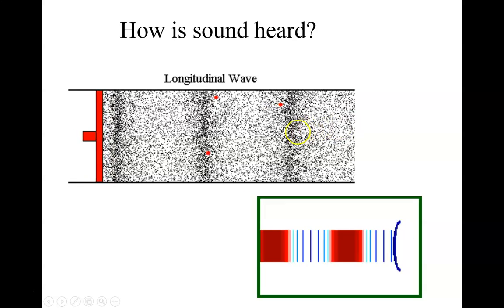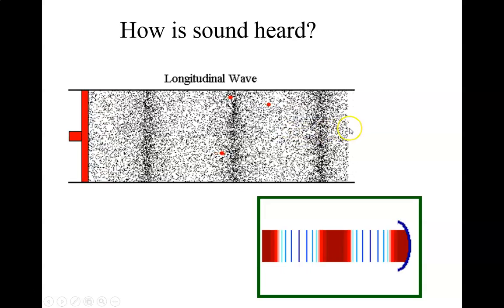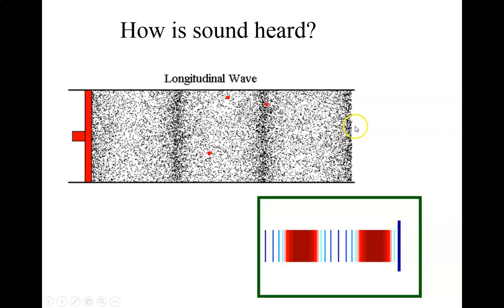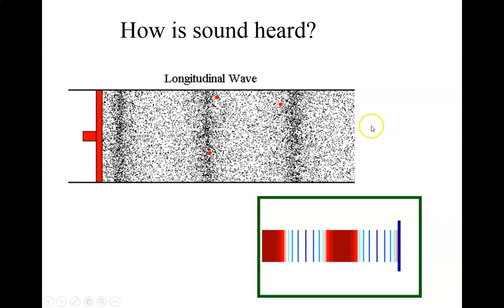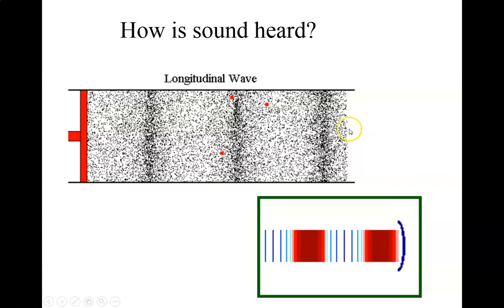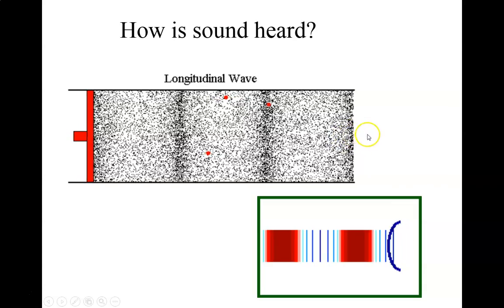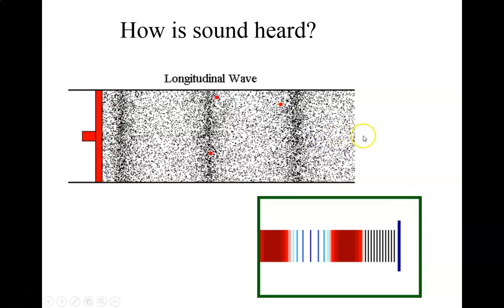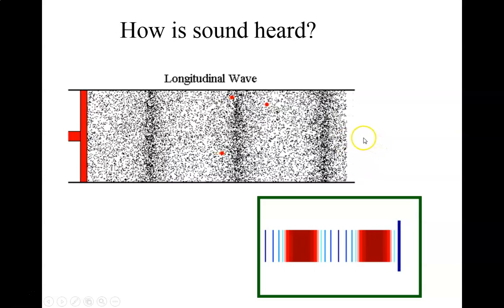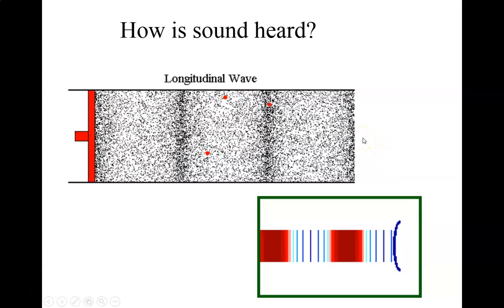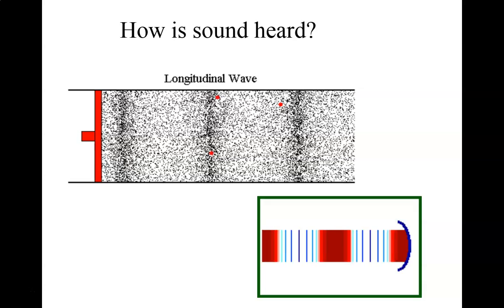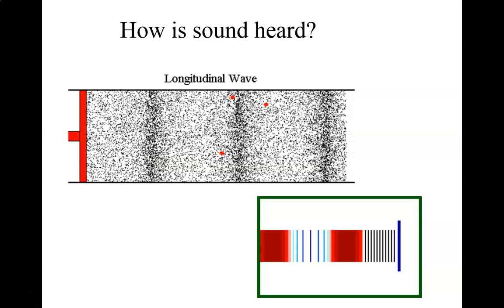And when the compression reaches your eardrum, it'll drive it back. And then when the rarefaction meets your eardrum, it'll vibrate forward. So it'll basically oscillate back and forth at the same frequency as the waves, and that's how we pick up sound. And your body turns that vibration into an electrical signal for your brain.